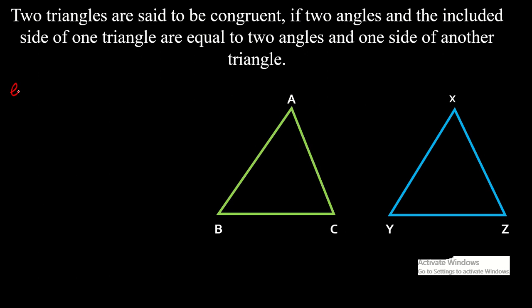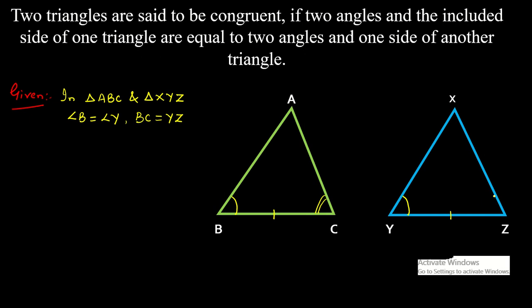So we will write the given things here. Let's suppose that in triangle ABC and triangle XYZ, angle B is equal to angle Y. Similarly, the included side BC is equal to YZ, and angle C is equal to angle Z. So this is our given information, and we have to prove that the two triangles are congruent.